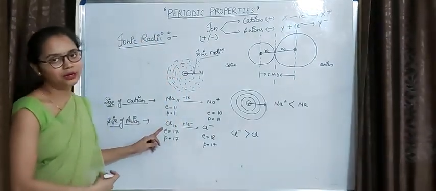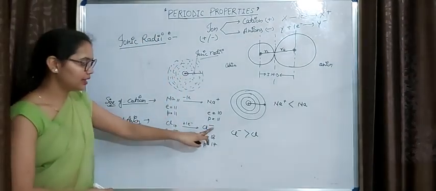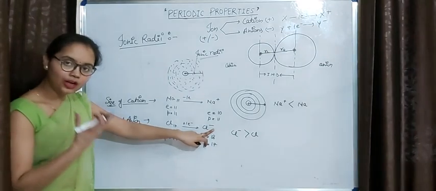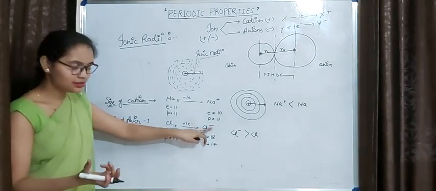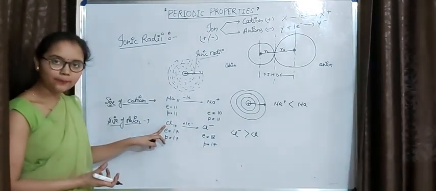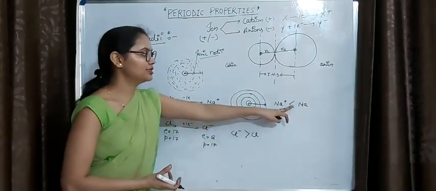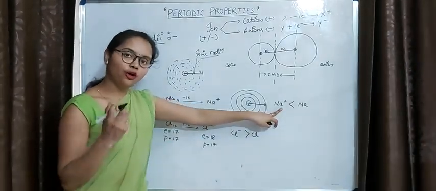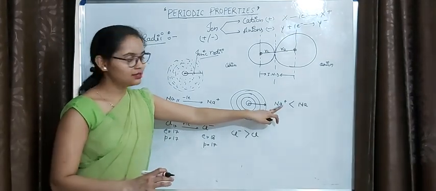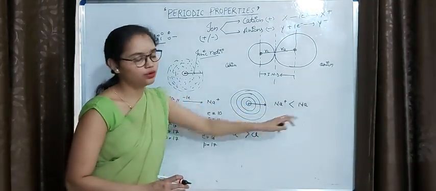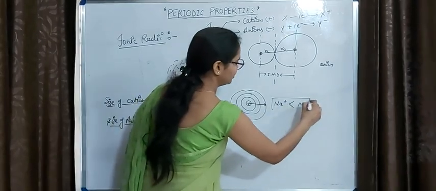So this is the fact. Remember this: anions always have a larger radius than their parent atom. Or if we talk about cations, then cations always have a smaller radius than their parent species. So these are the facts.